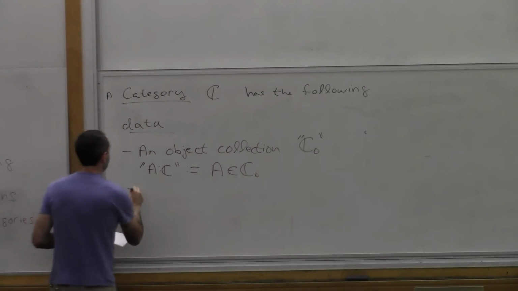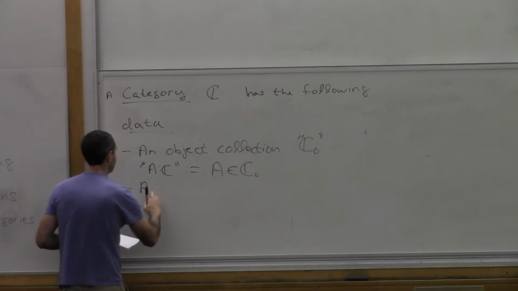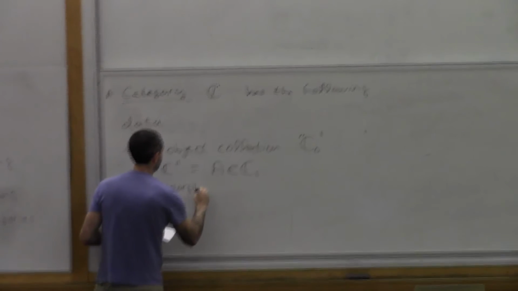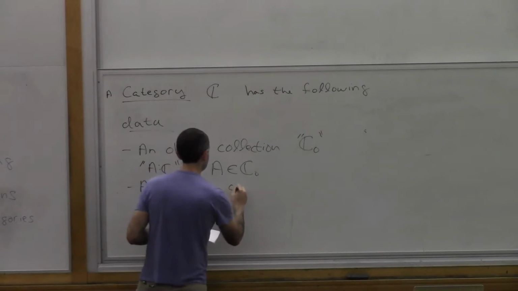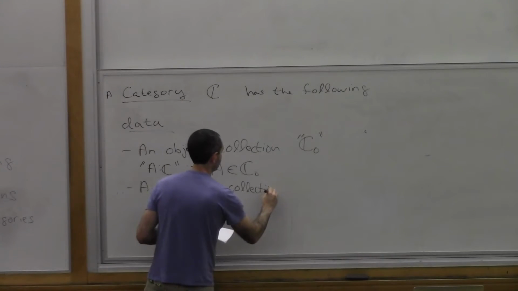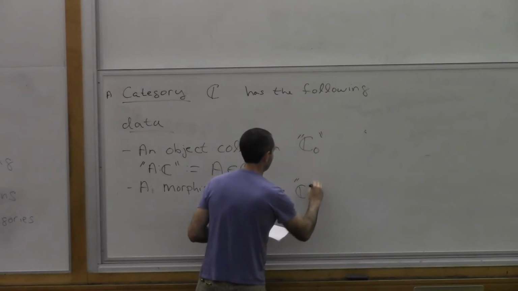Next, we have a collection of what are called morphisms, or arrows. That is C sub 1.